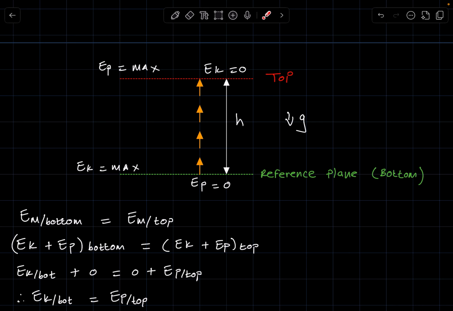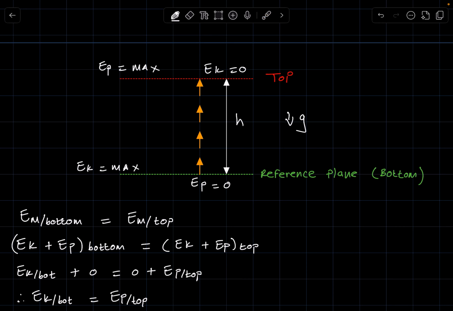So if the mechanical energy between any 2 points along the object's motion is equal, it means that when looking at the bottom and the top, we are able to say that the mechanical energy at the bottom is equal to the mechanical energy at the top.